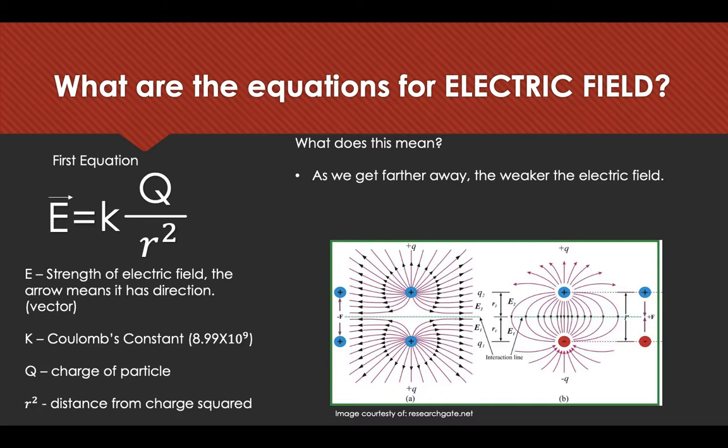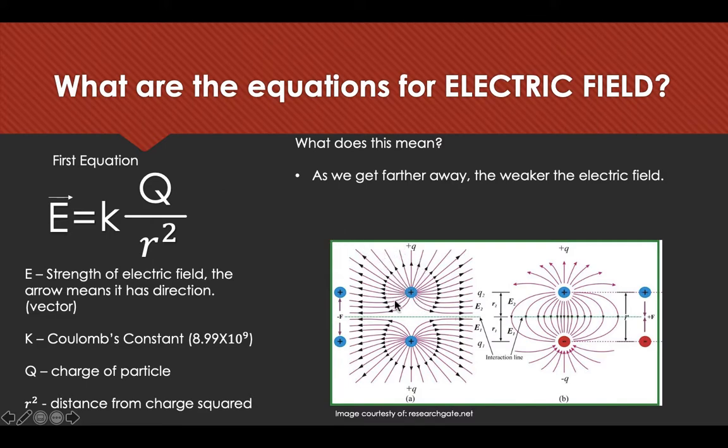So there's two equations. The first equation for electric field is Coulomb's constant multiplied by our charge over r squared. So Coulomb's constant, you can see the value here, times we've got the charge.